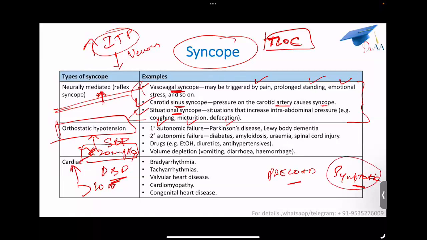If your sympathetic system is affected, as seen in Parkinson's, Lewy body dementia, or diabetes, uremia, especially in renal failure patients, you can have orthostatic hypotension. Certain drugs or certain conditions like vomiting, diarrhea, hemorrhage will cause decrease in intravascular volume.